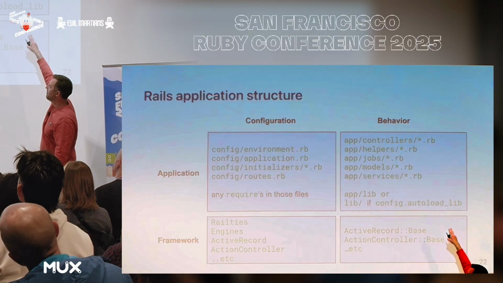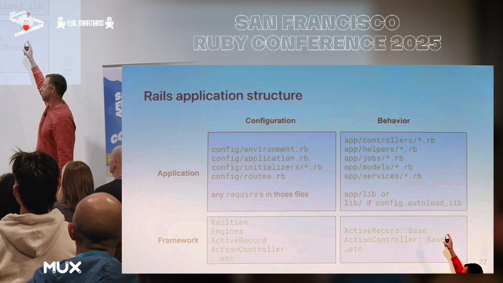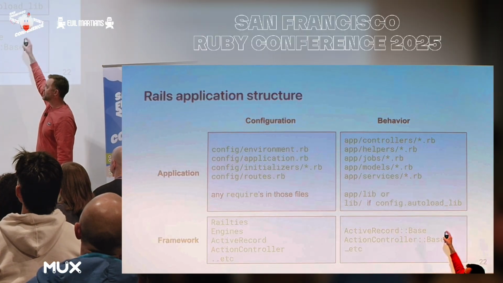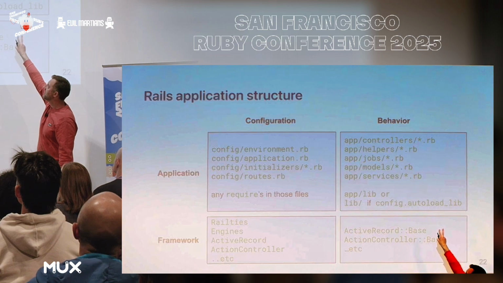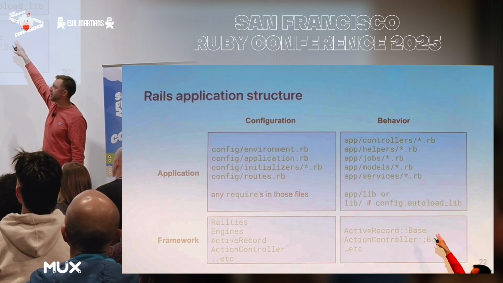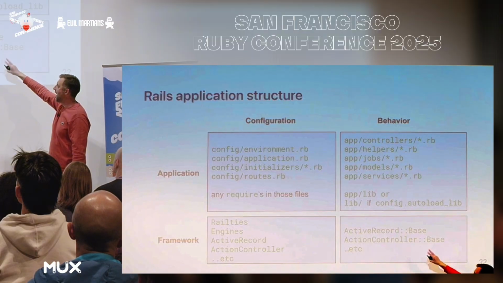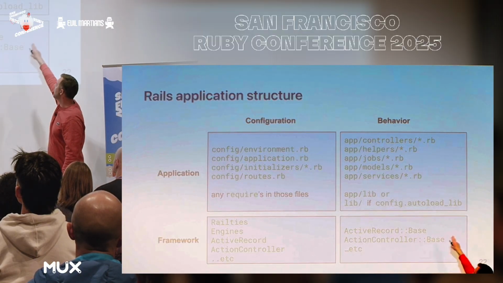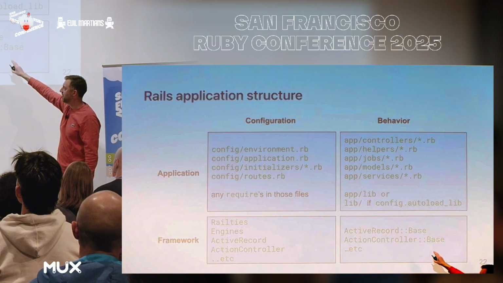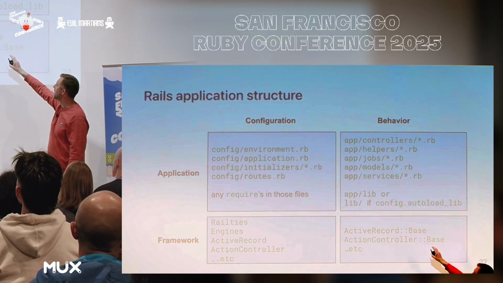And then over here we have behavior. This is stuff that does stuff. In your application, that's everything in your app: your controllers, your helpers, your models, your services, anything you put in app/lib, or if you're using lib with the autoload_lib directive that I think came in Rails 7.2.